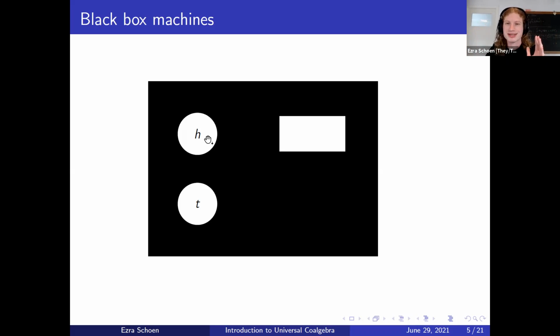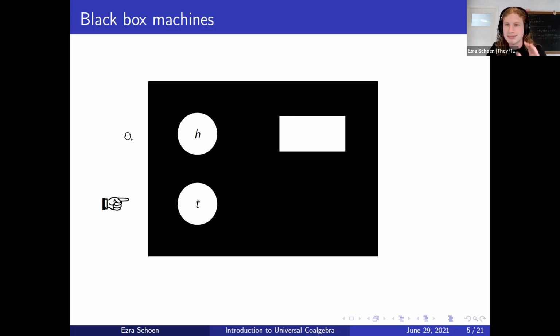They have an H button and a T button, and they have a small display that can flash a color. When we press the H button, this display is going to give us a color. And pressing the H button doesn't have any other effects than reading it out. So if you press it again, we're going to get the same color. But of course, which color we get depends on the internal state of this black box.